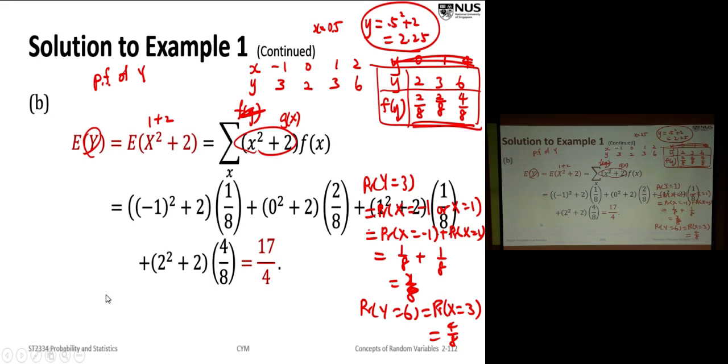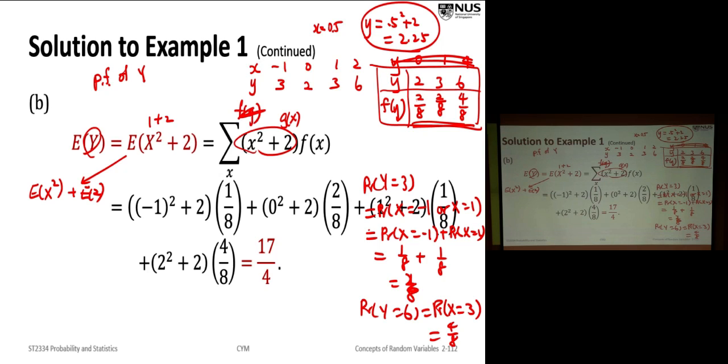Okay, in fact, we can also work it like this. Instead of working from a formula, I work using the properties of expectation. It's like this. Expectation of x squared plus expectation of 2. But 2 is not a random variable. 2 is a constant. So what do you expect? 2. So what you expect is the same as the value of that constant. So it's 2.